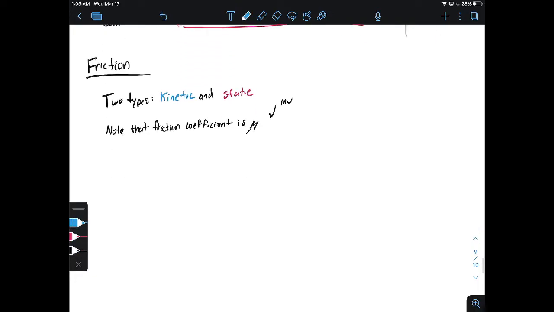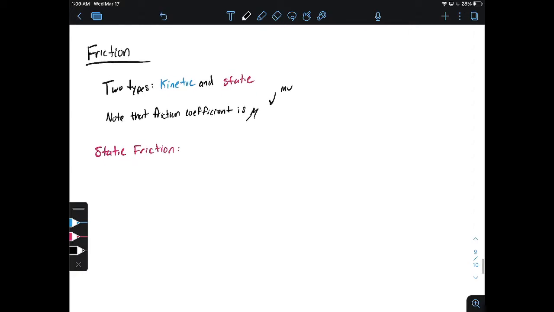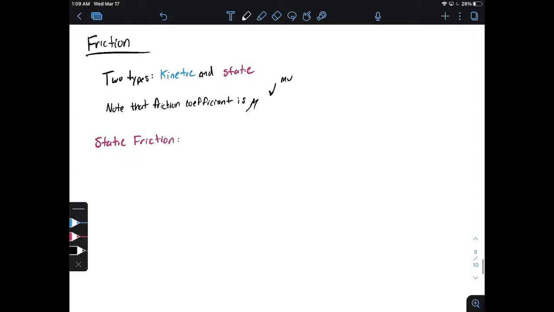So what we're going to do is just quickly go over static friction. I guess there's not even much to talk about, really. What we can say is that we denote this with mu sub s, obviously the coefficient of friction for static.